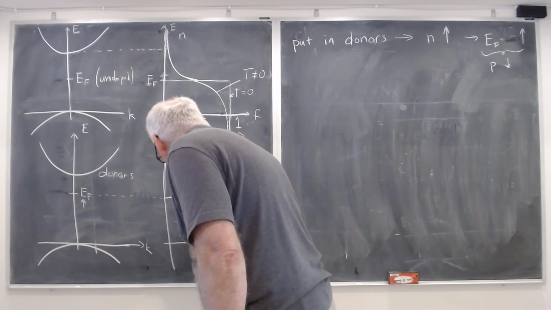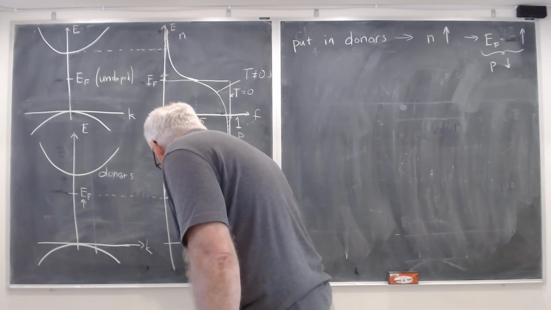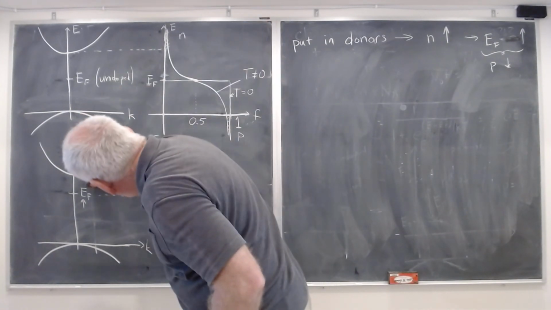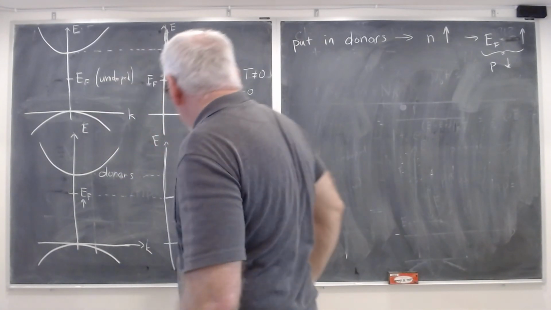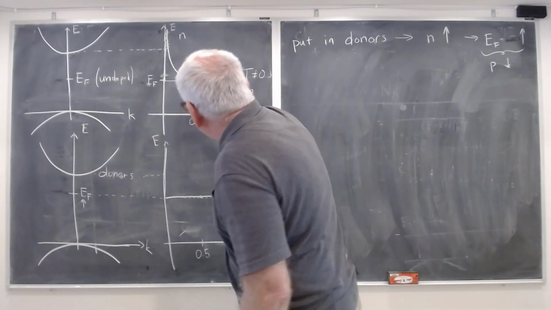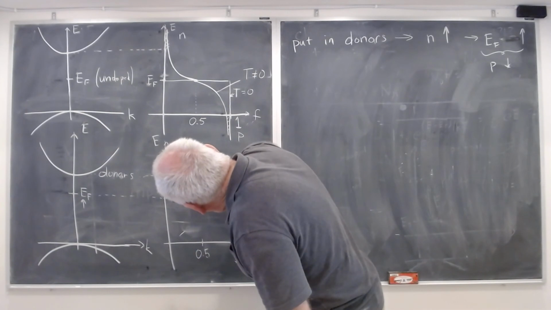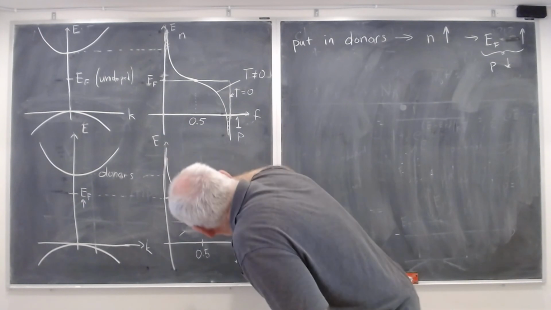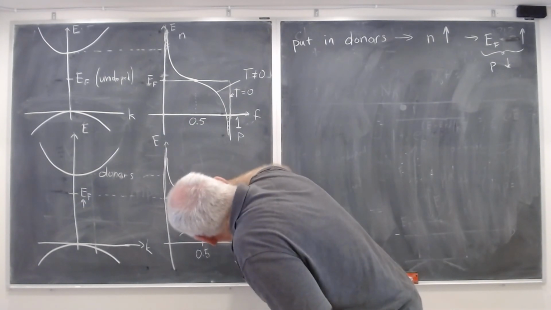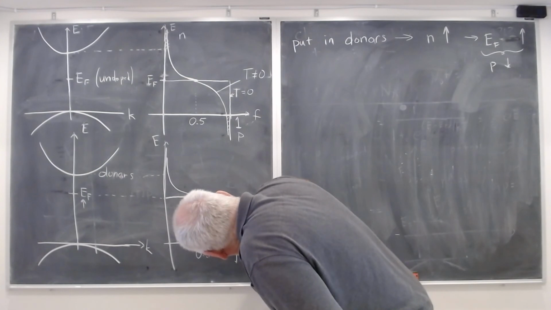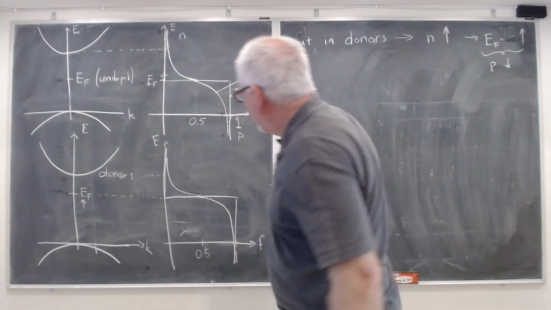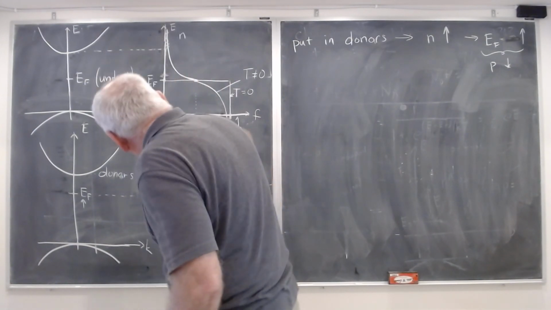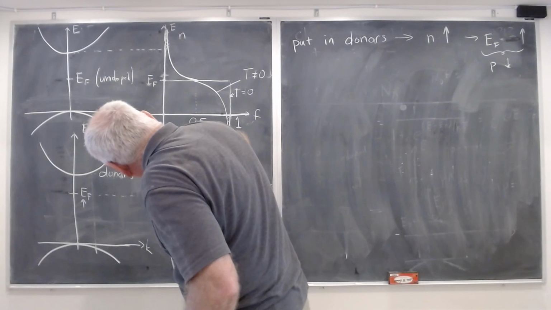Then, at the Fermi energy, it has to be 1/2. Now let's see what happens. I'll try to draw the curve the same way I drew it there. That's kind of close. All right. I didn't do a good job. Let me try and make it a little bit more the same.